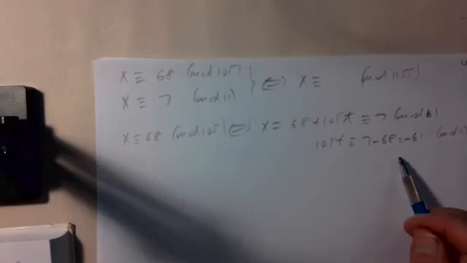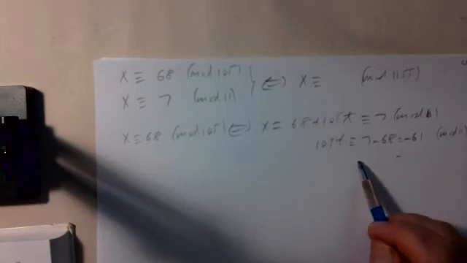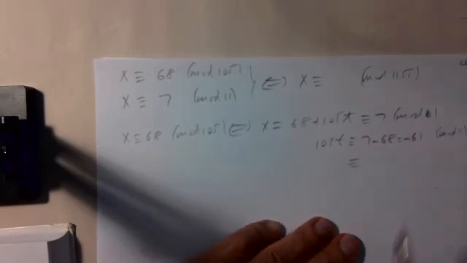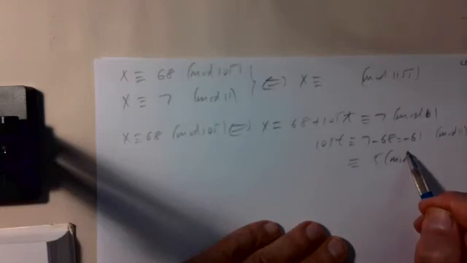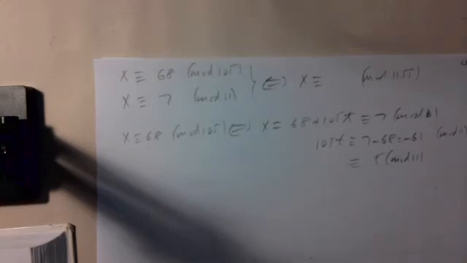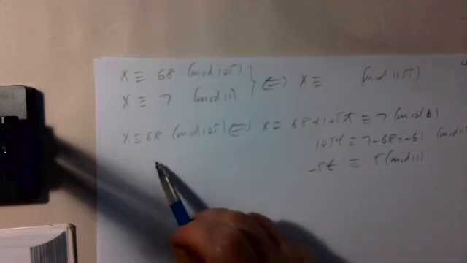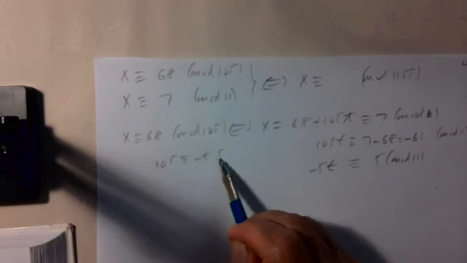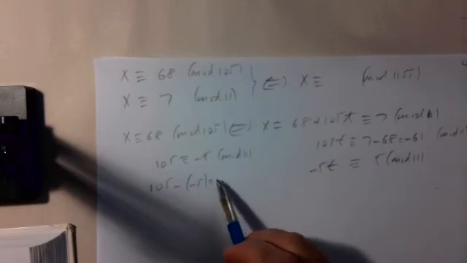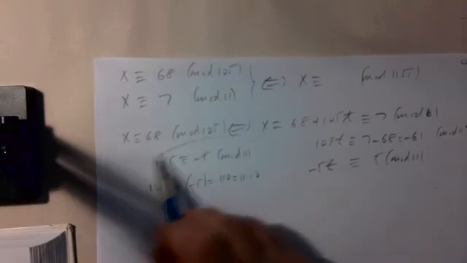And minus 61 is congruent to 5 mod 11. And 105 mod 11 is, let's see, 105 is congruent to minus 5. Right? 105 is congruent to minus 5 mod 11 because 105 plus 5 is 110, which is 11 times 10.